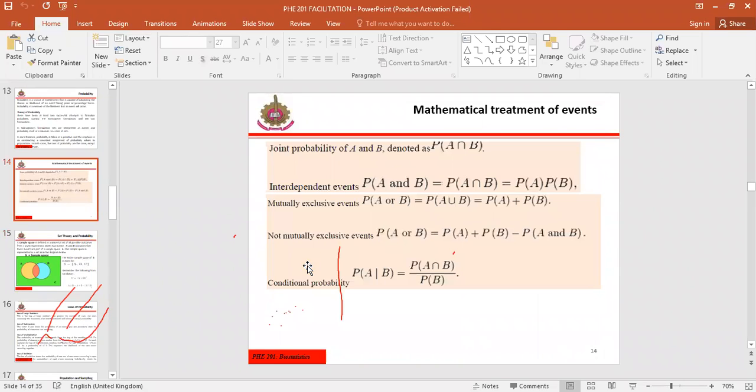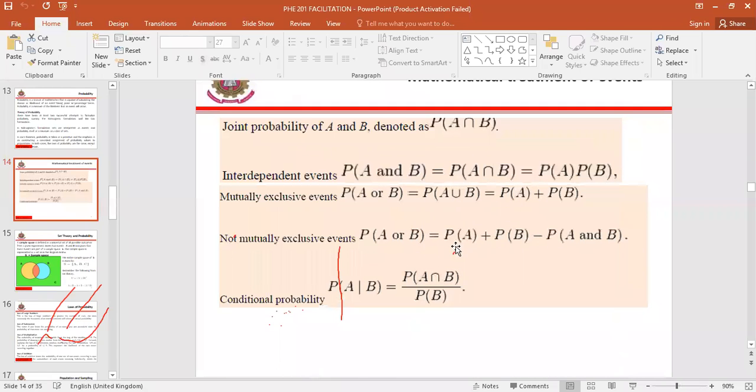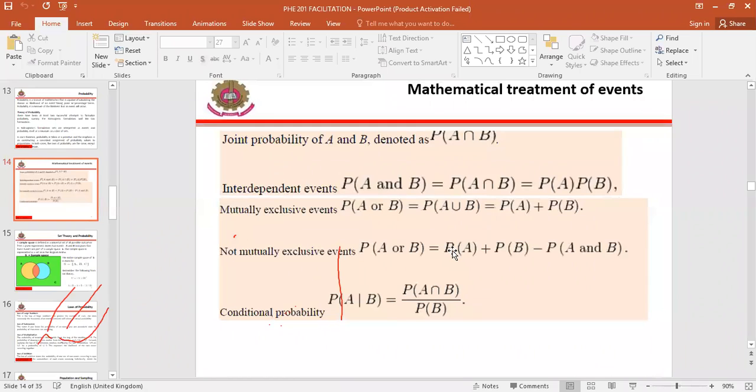Now, if you are seeing this slide, this is just an explanation, a kind of events that naturally may happen.